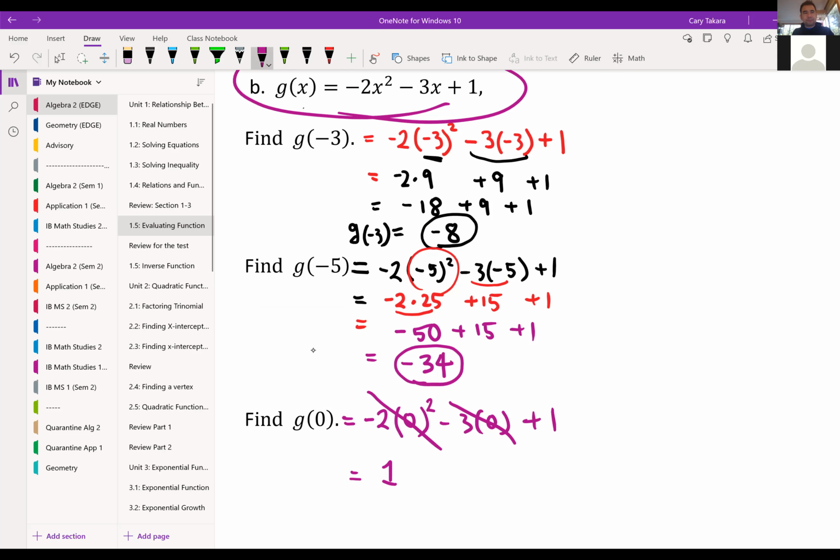Now, why are we doing this? Well, it's very important that we are comfortable evaluating functions because we're going to use this a lot. This skill comes up over and over. Next unit we're going to talk about quadratic functions, the parabola U-shaped graph, and we're going to evaluate functions.